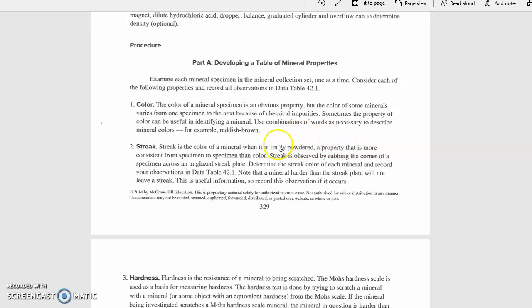Usually it's more consistent then. You observe this by rubbing the corner of a specimen across an unglazed streak plate. There's a very specific plate that geologists use in order to determine this test, and I'll give you the specific values for that.